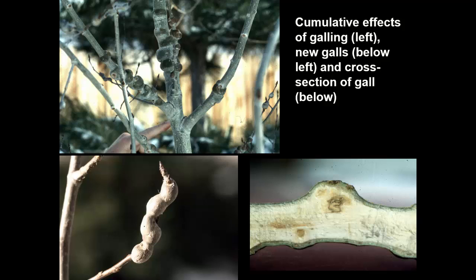So in the picture in the upper left here, we see a fairly young aspen tree that has galls that were induced by the poplar twig gall fly over many, many years. Except for perhaps some on the far right that were produced, say, the previous year, all the other galls have not been occupied by an insect for 1 to maybe 6 or 7 years.